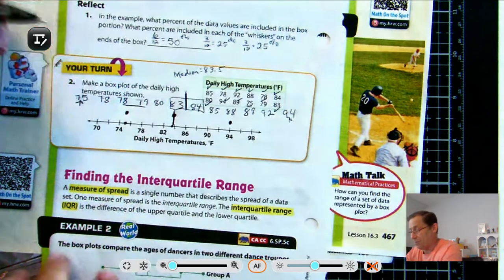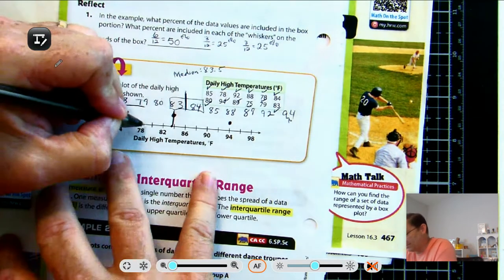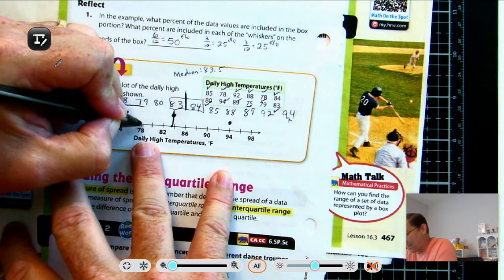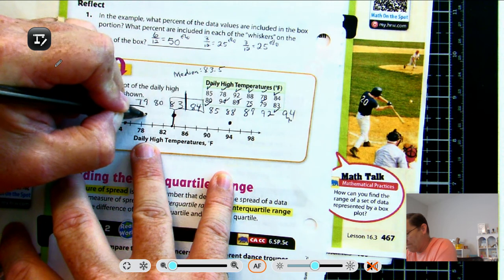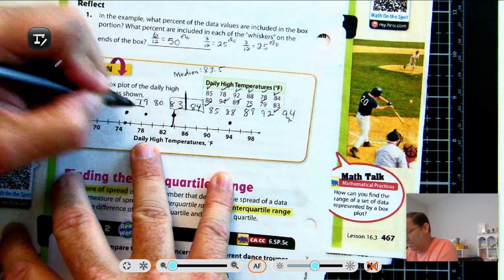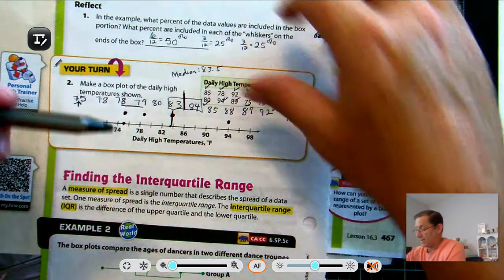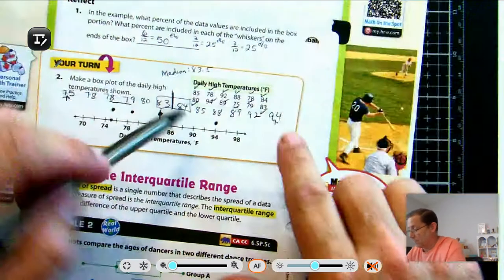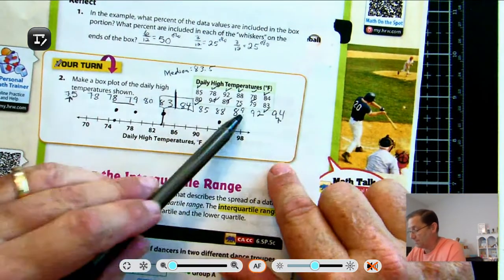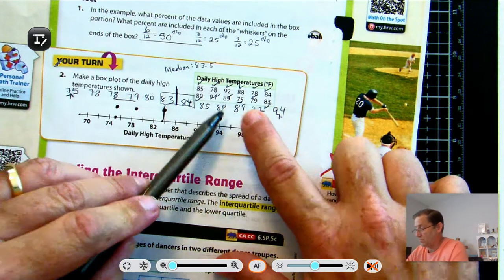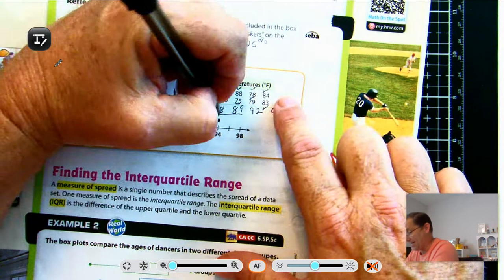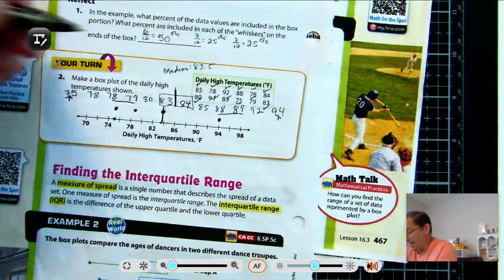So 78.5. And the upper quartile will be the upper 6. So cross off the ends and work our way towards the middle. We're in between 88 and 89. So 88 and a half.